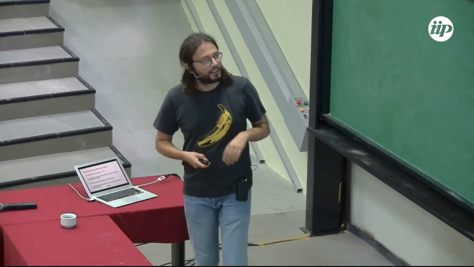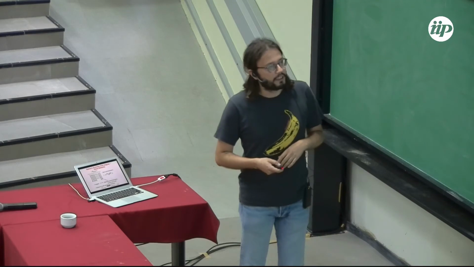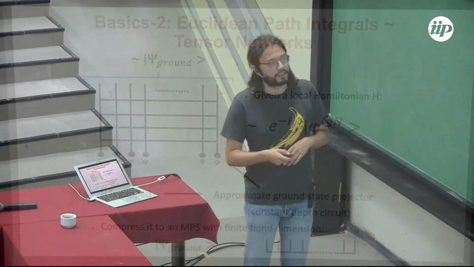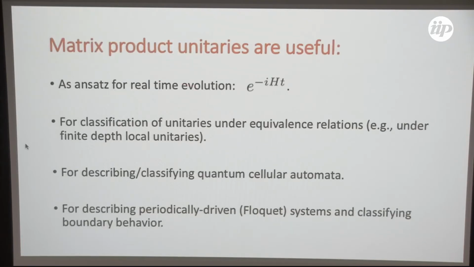Right. Okay, so basically, people tried to understand ground state properties using this matrix product state representation. One can see what we are doing as, instead of having e to the minus Ht, we want to understand e to the minus iHt, which is real-time evolution. So matrix product unitaries may be useful, if we understand their structure, as an answer to real-time evolution.